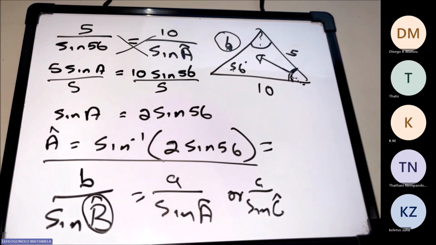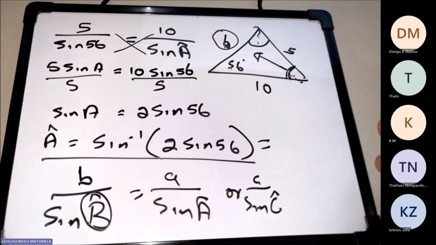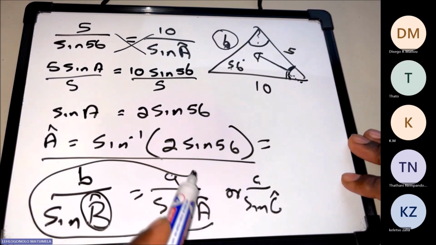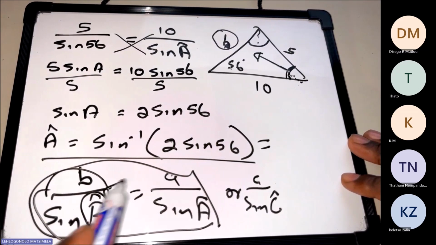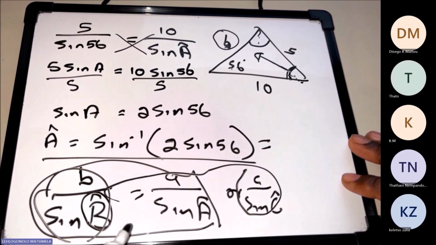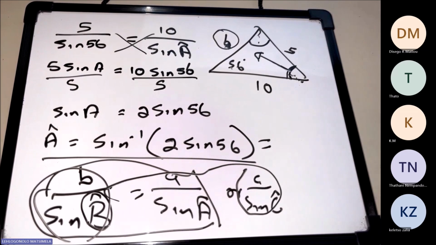So you can use any of the three. So remember, when we equate, this one is equals to this, or this one can be equals to this. You can choose. But on the formula, they have given you the 3 options.